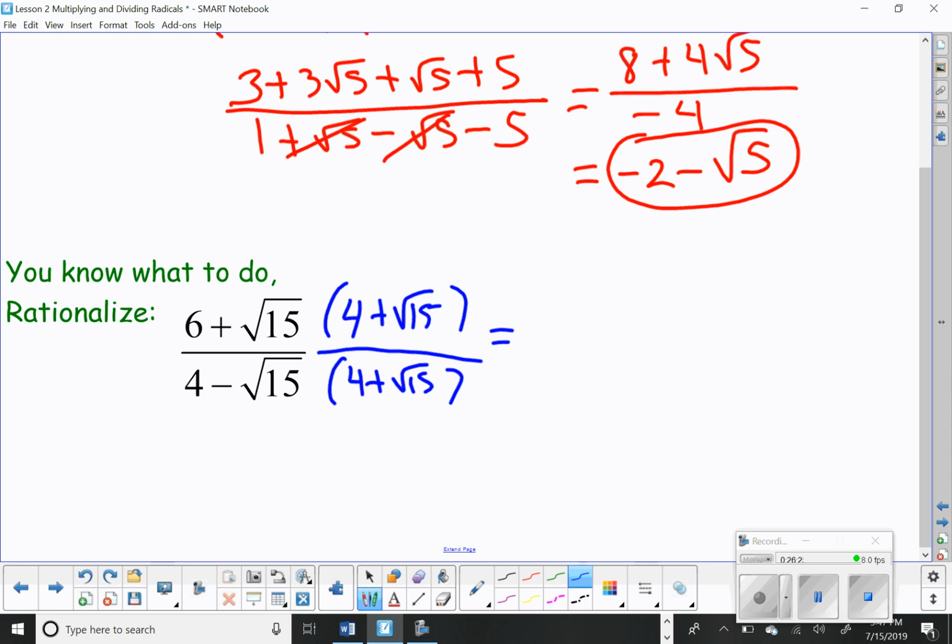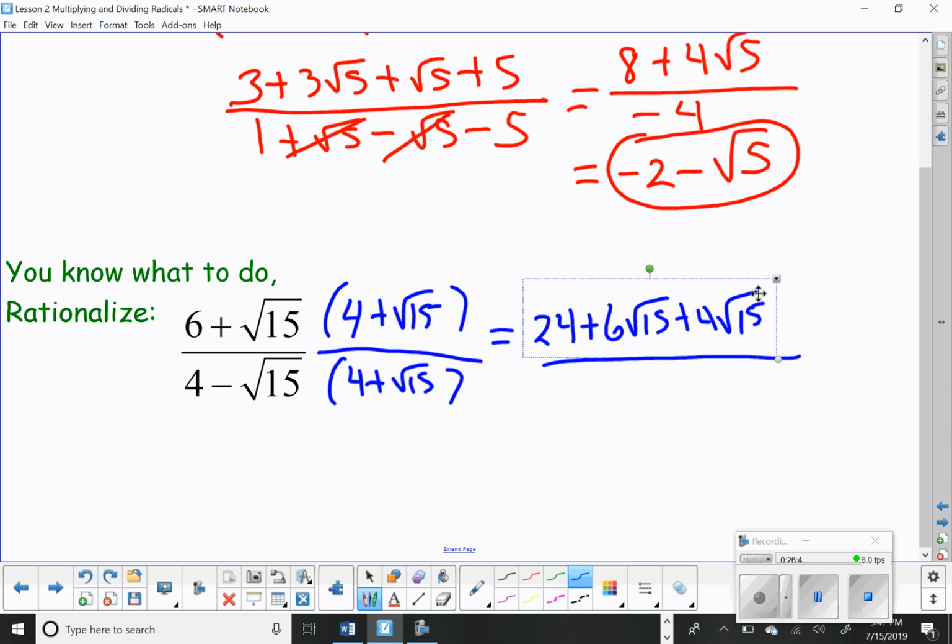The numerator's a little bit crazier and harder. 6 times 4 is 24. 6 times root 15 is plus 6 root 15. 4 times root 15. And then root 15 times root 15 is just 15. In the bottom, you're going to have the difference of squares. So the first term squared is 16.